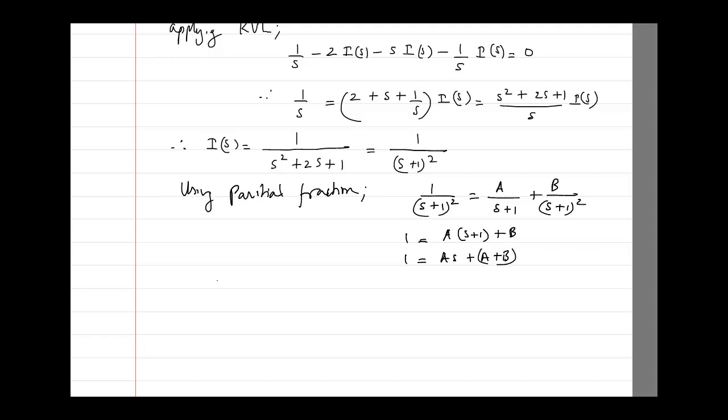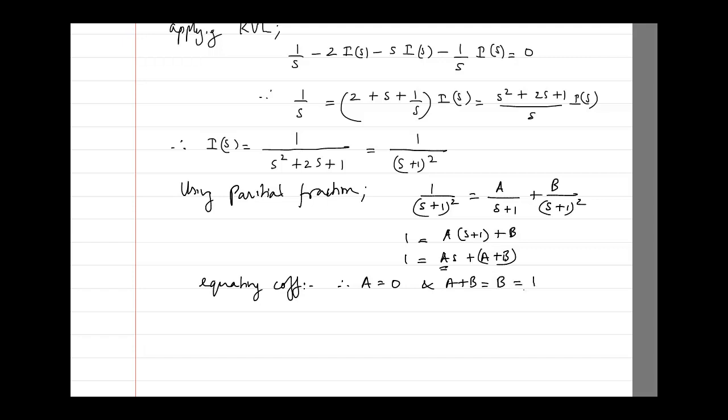Now equating coefficients, I will get the value of A. As is having a coefficient A here, whereas here the coefficient of s is 0. Therefore, A is equal to 0, and A plus B, since A is 0, is the same as B, that is equal to 1.